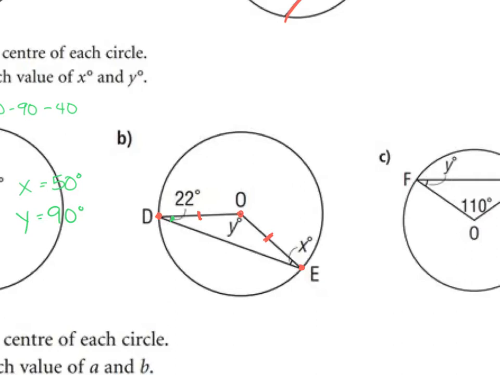If we have two sides that are the same length, these two angles are also going to be the same size. So X is equal to 22 degrees. To find Y, we can now go 180 minus 22 minus 22, which gives me, I can't do that in my head, so bear with me for 1 second. That gives me 136 degrees. So Y equals 136 degrees.